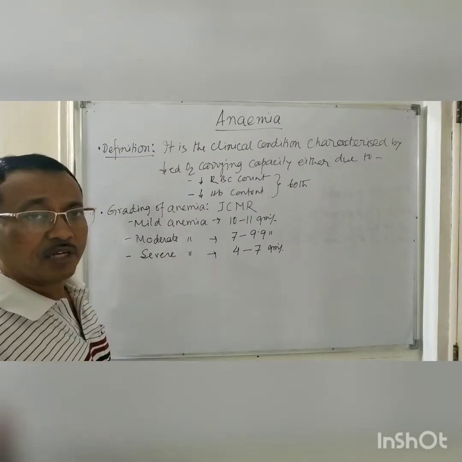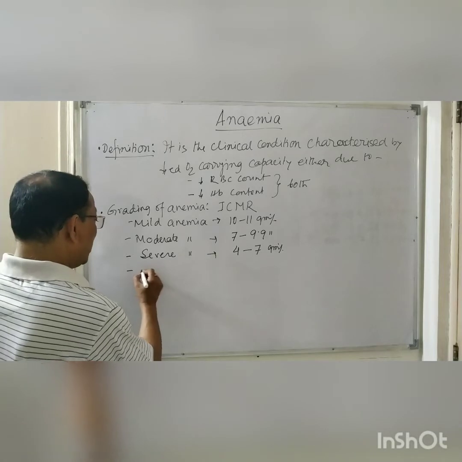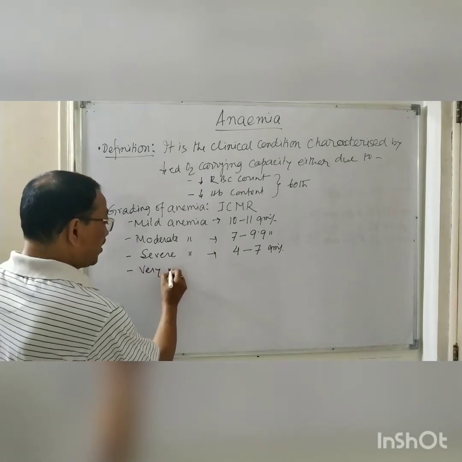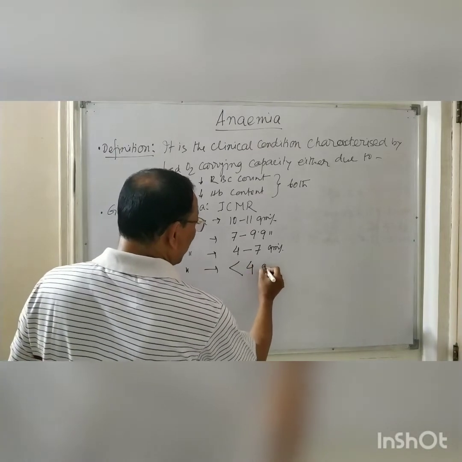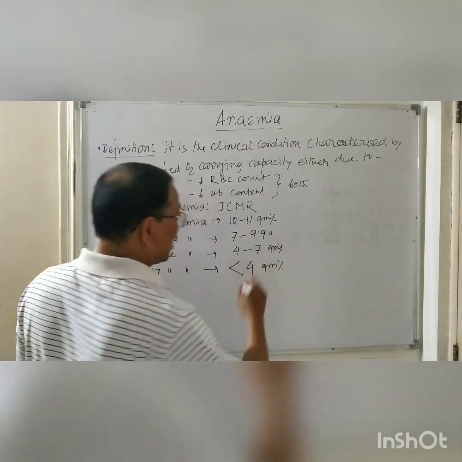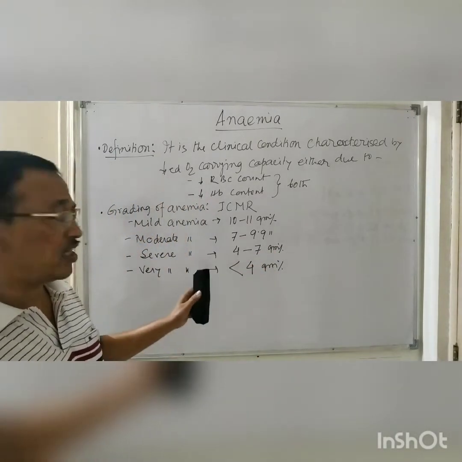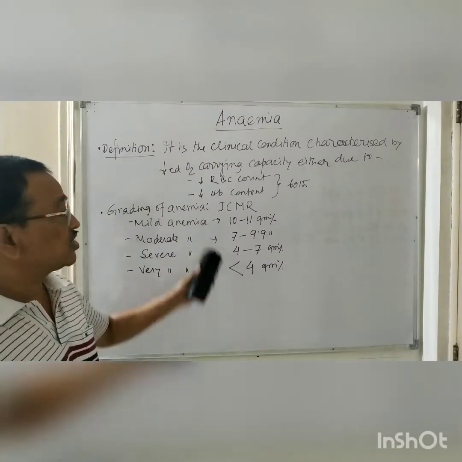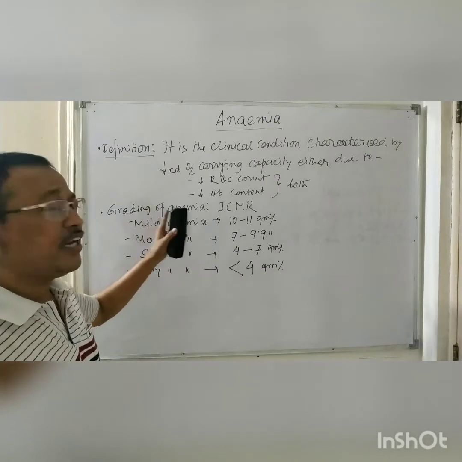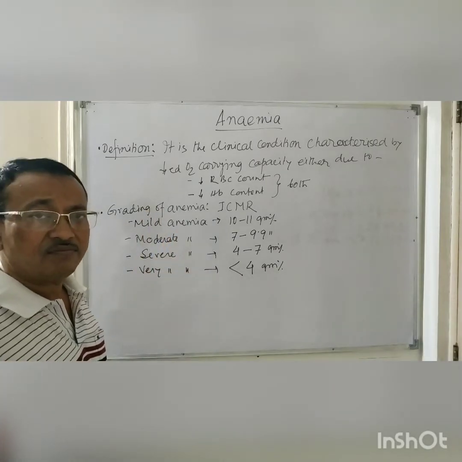And finally, very severe anemia. If the hemoglobin content is below 4 gram percent, then the person is considered as very severe anemic. So this is how, as per the ICMR, grading of the anemia is done.